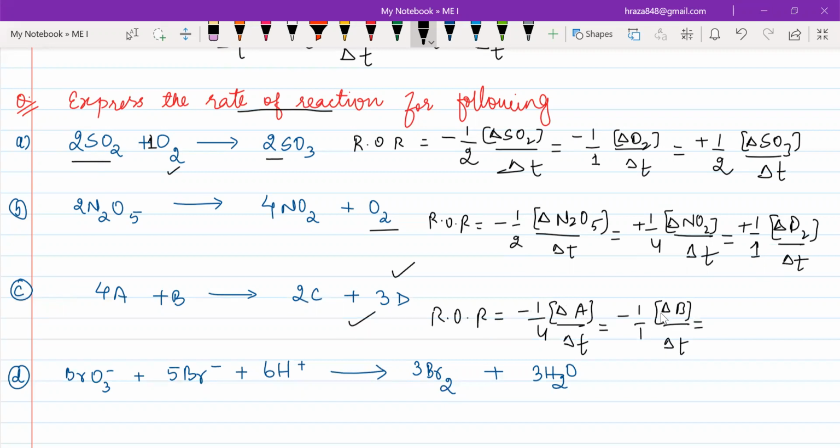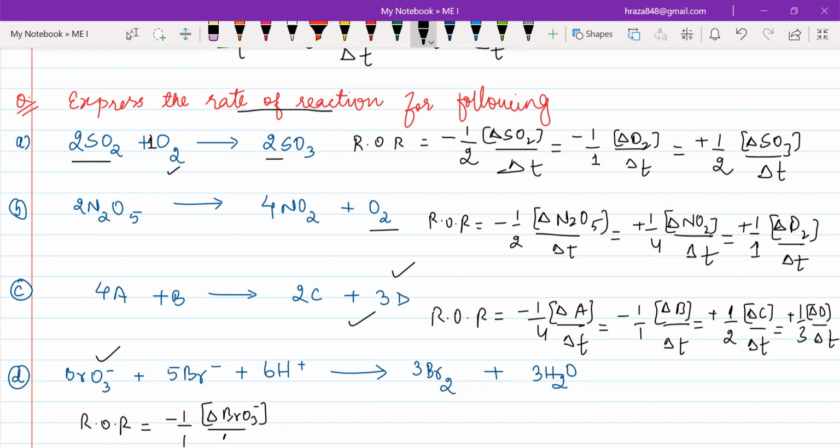Then it will be equal to plus 1 by 2 change in concentration of C upon change in time taken, plus 1 by 3 change in concentration of D upon delta t. Now, if you are going for this rate of reaction, that will be equal to negative 1 by 1 delta BrO3 negative upon delta t.